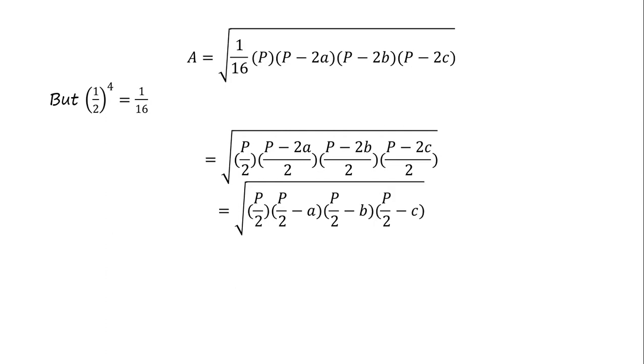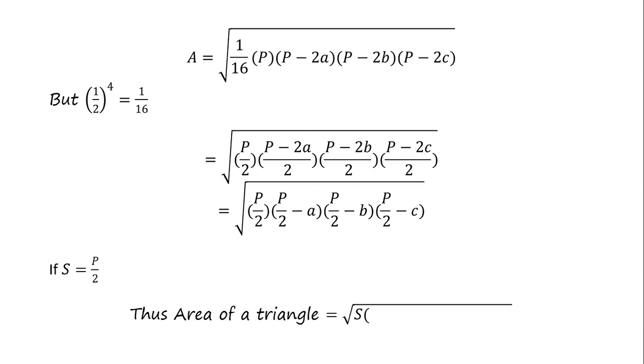So you can see that we are moving closer to Heron's formula. We have P over 2 minus A, and that. So if S is equal to P over 2, we can replace in the equation. That's area of a triangle shall be equal to, you can see the famous expression for Heron's formula coming in there in our derivation.